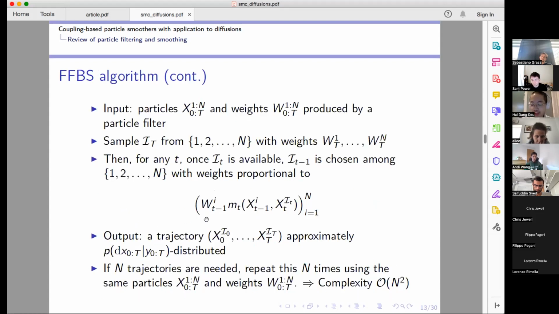Once you have the index I_t, you sample the index I_{t-1} according to the weight W_{t-1}^i times M_t(H_{t-1}^i, H_t^{I_t}). At the end, you have a trajectory that approximates your smoothing distribution. The complexity of this is O(N squared).